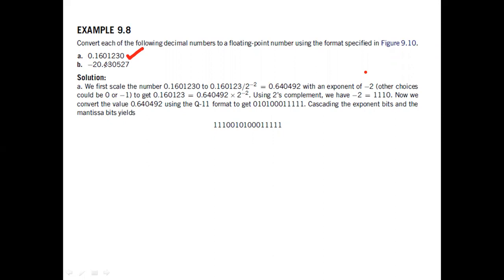The first number is given as 0.160123. So how are you going to do this? Which is the format that we have been asked? You can see 4 bits for the exponent, remaining for the mantissa, is what has been asked.